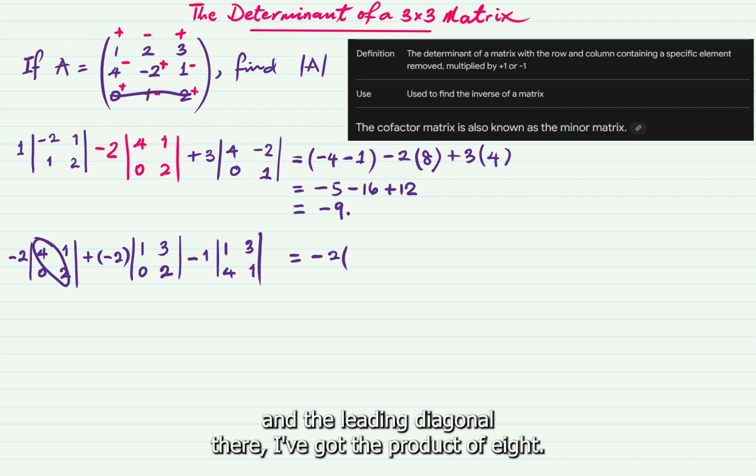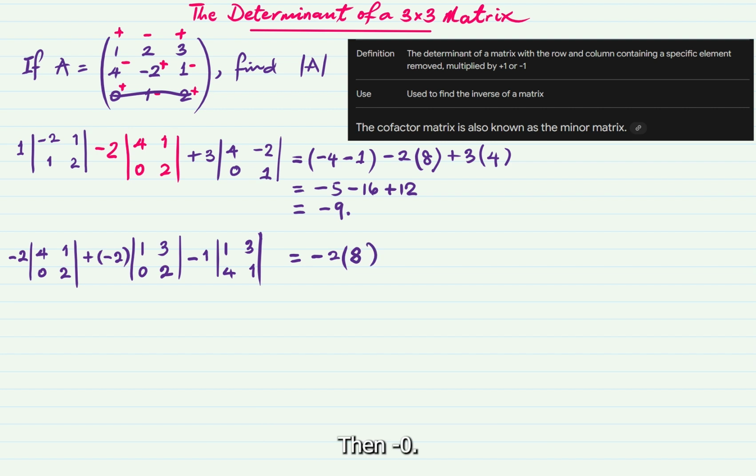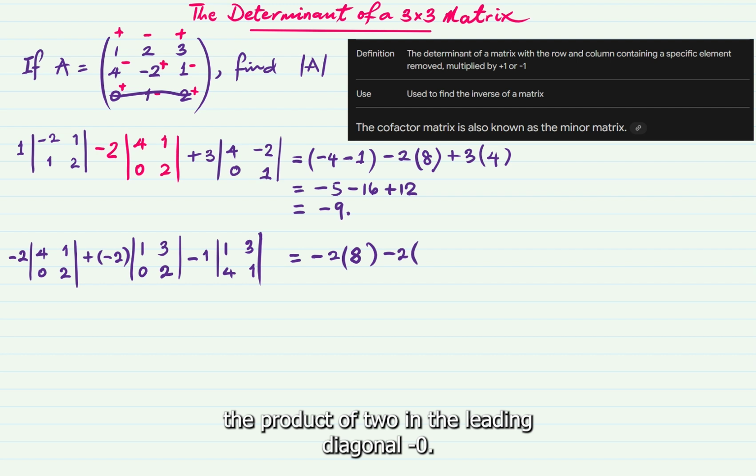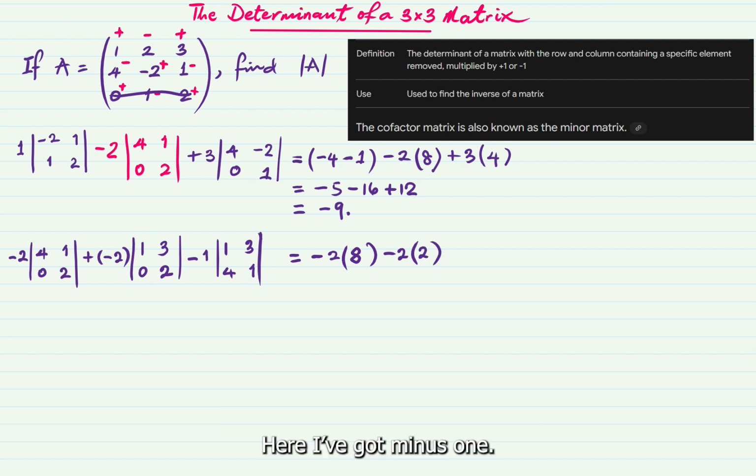In the leading diagonal there, I've got a product of 8, then -0. Then here, we have -2. And a product of 2 in the leading diagonal, -0. Here I've got -1, sorry. So -1. A product here of 1 minus a product here of 12.